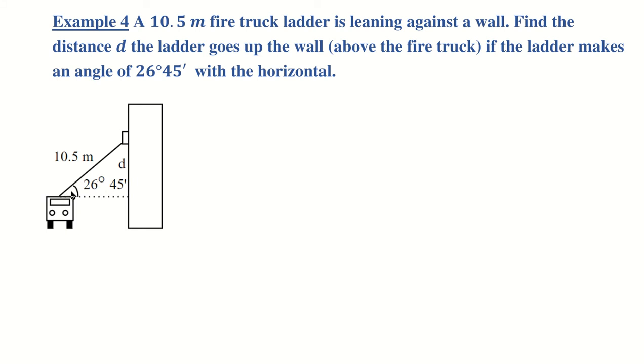So we do know the length of the ladder. So we have this angle. We know this side, which of course is the hypotenuse of this triangle here. And we want to know the length of this leg. So let's bring back our friend SOHCAHTOA.